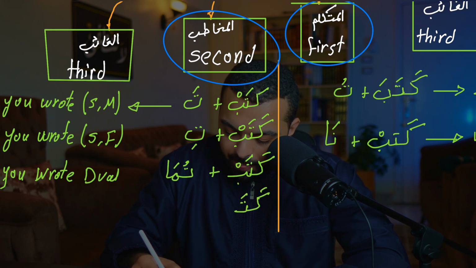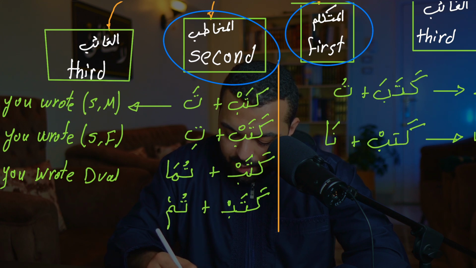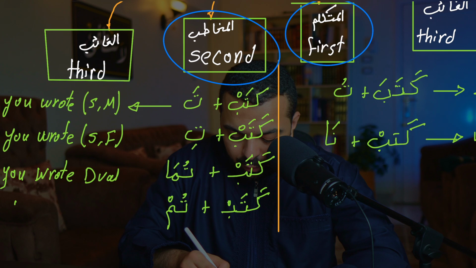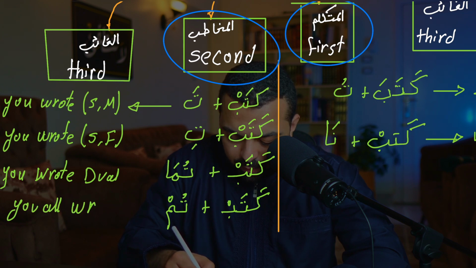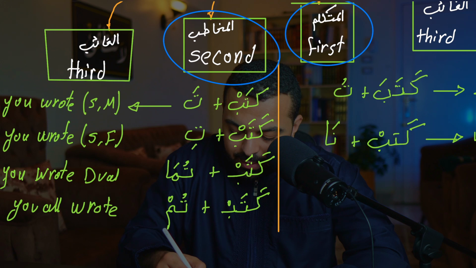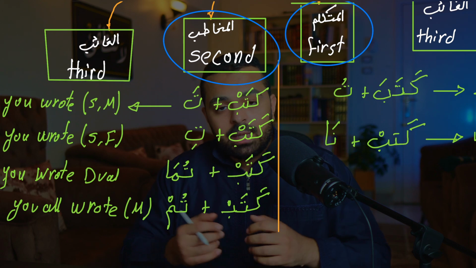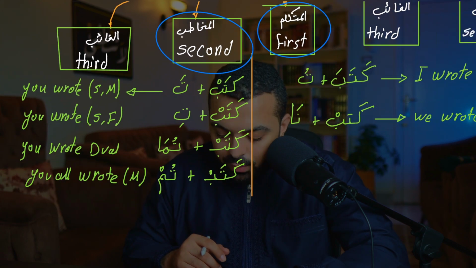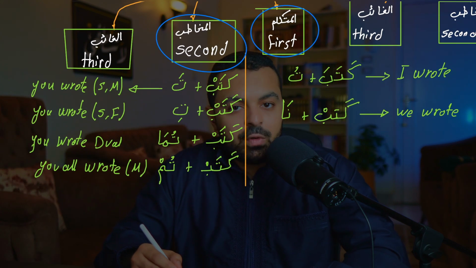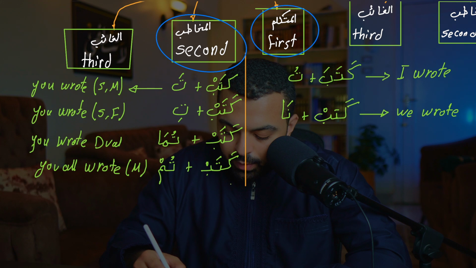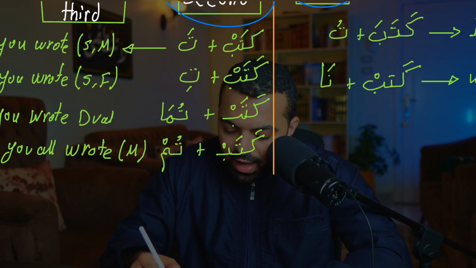For a group of people, you say أنتم كتبتم, which means you all wrote. كتب plus تم. And this is masculine only or masculine and feminine mixed. For example, you want to say to a group of people, you traveled.